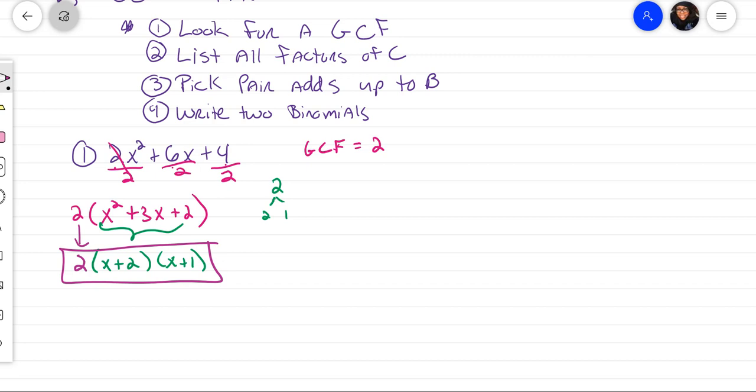Let's look at another example where the GCF is not a number, just so you know what to do with that. And this is number 6 on the worksheet. We have a cubed minus 5a squared plus 4a.